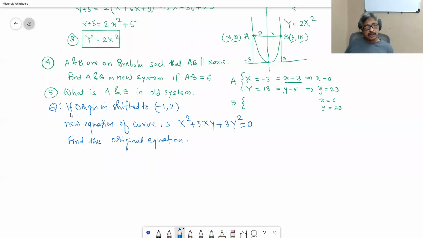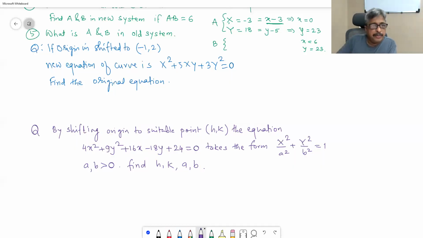Okay, next problem: if the origin is shifted to minus 1, 2, the new equation of the curve is x square plus 5xy plus 3y square is equal to 0. Find the original equation. Okay, this problem is exactly the same as the problem that I have solved in the beginning. So I am not solving this.